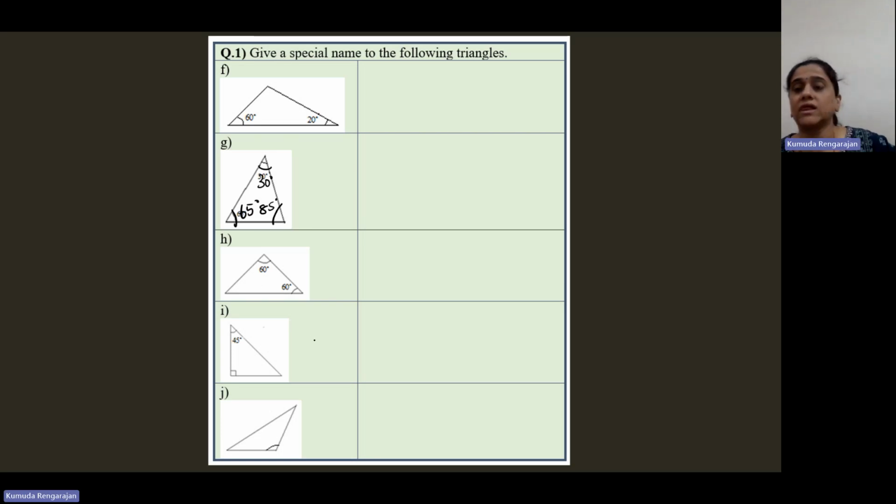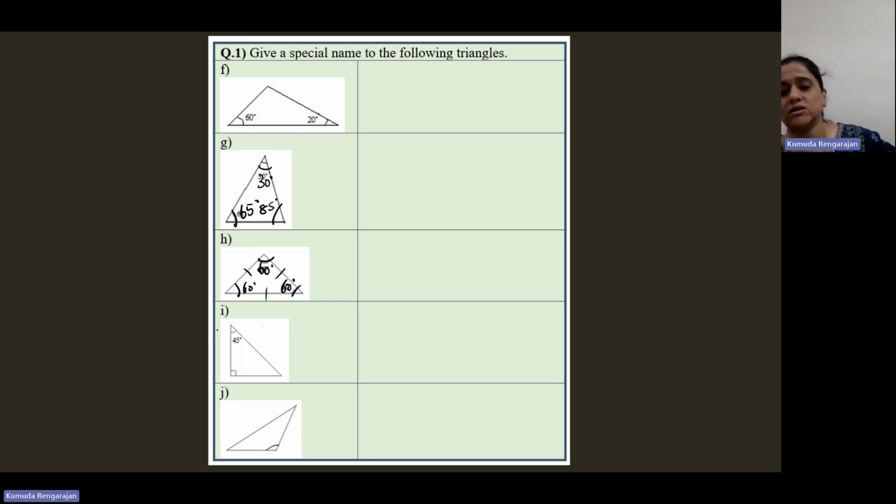What about this? This is 60 degrees. This is 60 degrees. And this one will be 60. You can call it an acute angled triangle, or when all the three angles are equal, all the three sides also will be equal. Equilateral triangle.